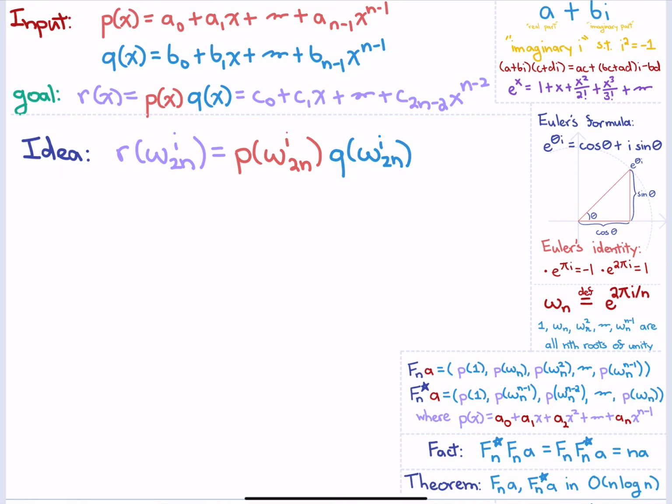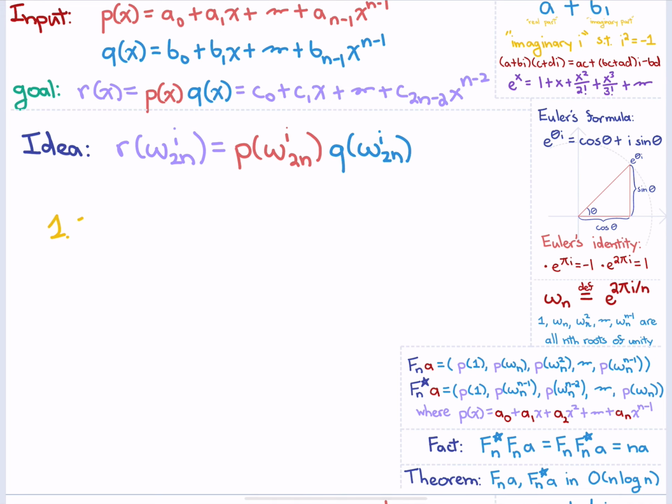First do the Fourier transform, and then multiply each coefficient of the same order. So let's multiply something together.